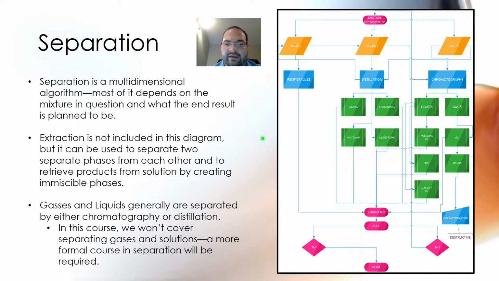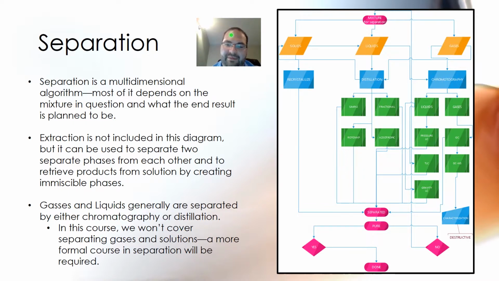So the key thing with separation is that it's a multi-dimensional process when you look at it on paper. And it can be a multi-dimensional process in real life sometimes. But the key thing is you have to start with knowing what your mixture is. So you have a mixture. It's compounds.